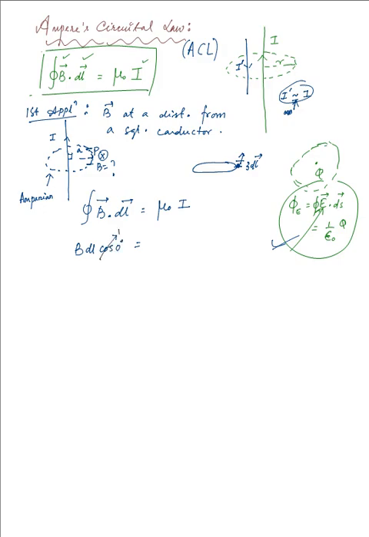Cosine of 0 gives 1, and dl is integrated, because this closed loop is a circular loop, from 0 to the circumference of the circle, which is 2 pi a, a being the radius, equal to mu naught times I. B therefore is equal to mu naught I over 2 pi a, which is the same result we obtained for a straight conductor of infinite length.